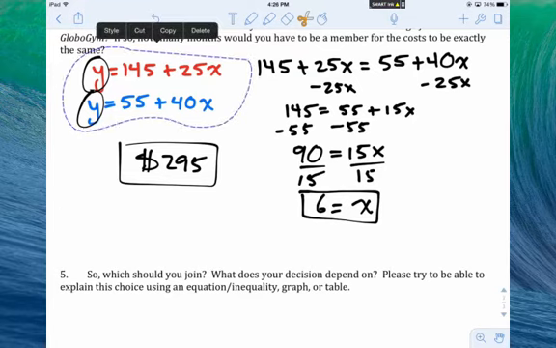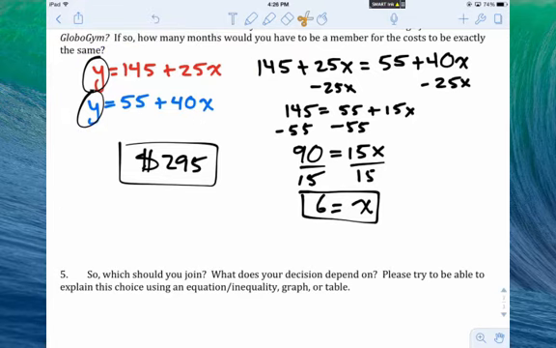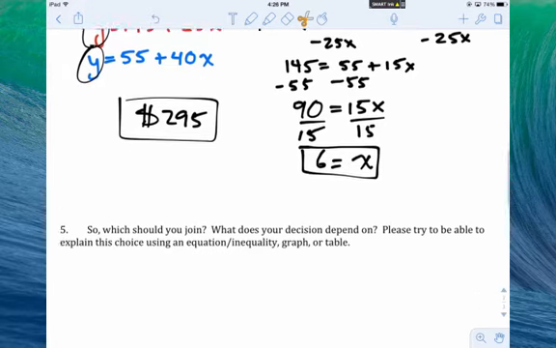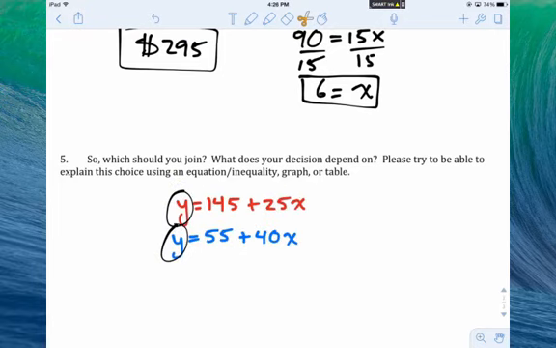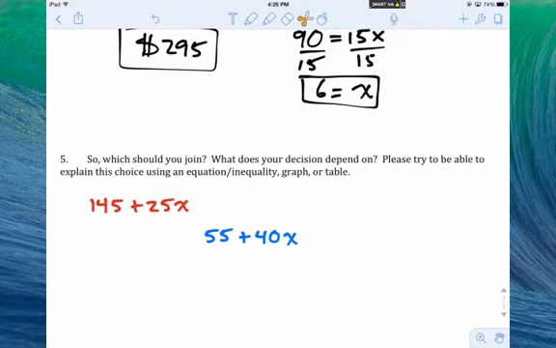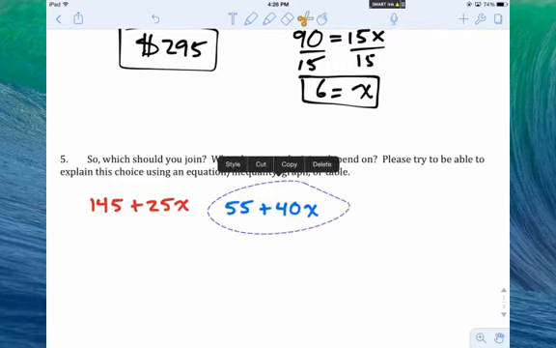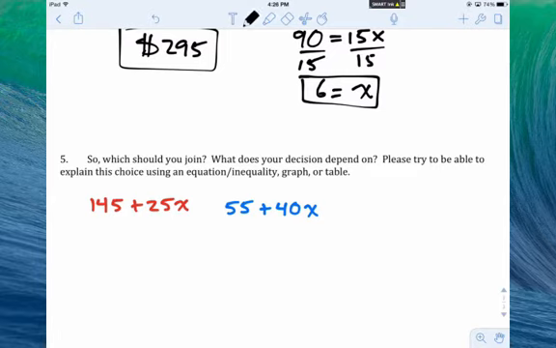So I'm going to copy paste this again. And remember, this red equation pertains to Average Joe's, and this blue expression pertains to Globo Gym. For instance, if you want to figure out when Average Joe's is the cheaper option, all we need to do is set up an inequality and say, when is Average Joe's going to be less expensive than Globo Gym?